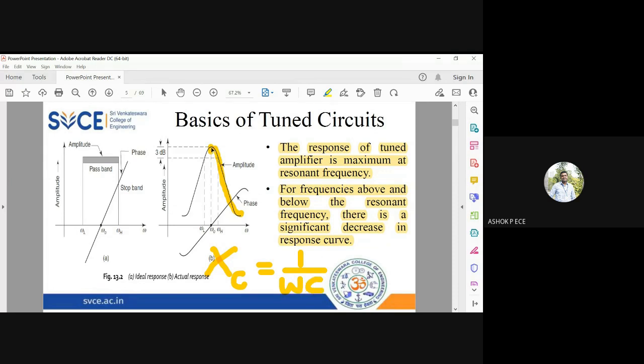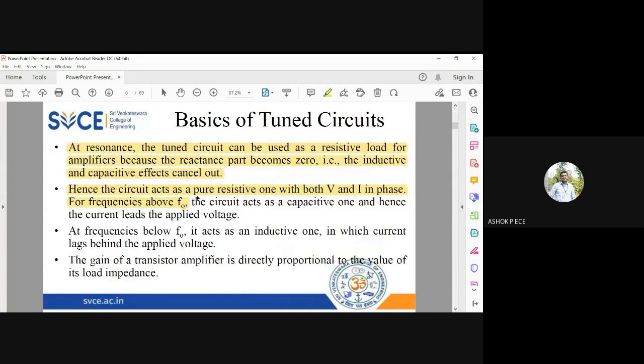So the portion above F naught is because of the capacitive reactance of your tuned circuit. For frequencies above F naught, the circuit acts like a capacitor, where the current leads the voltage. In a capacitor, V and I are out of phase by 90 degrees, and current leads the voltage.